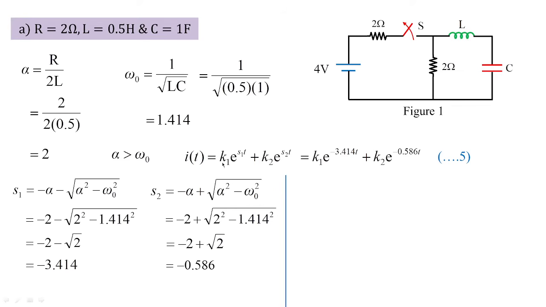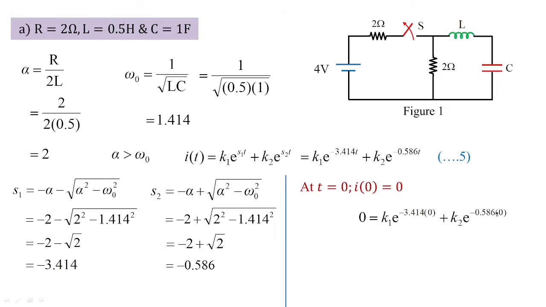Now we need to determine the values of K1 and K2, and that can be obtained from initial conditions. So at t equal to 0 minus, the current which is flowing in the inductor and capacitor is 0. Hence I am going to substitute I of t is equal to I of 0, which is 0, and that is equal to k1 e to the power of minus 3.414 times 0, plus k2 e to the power of minus 0.586 times 0.